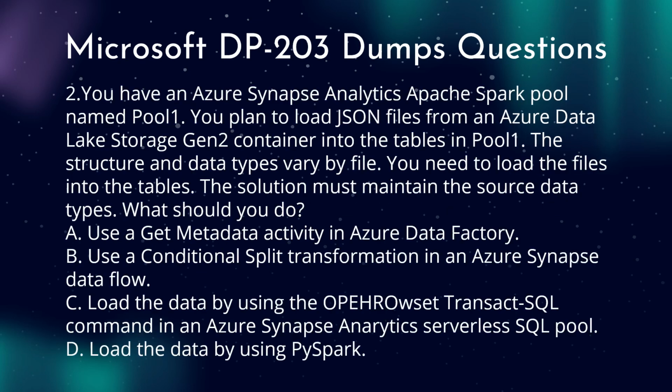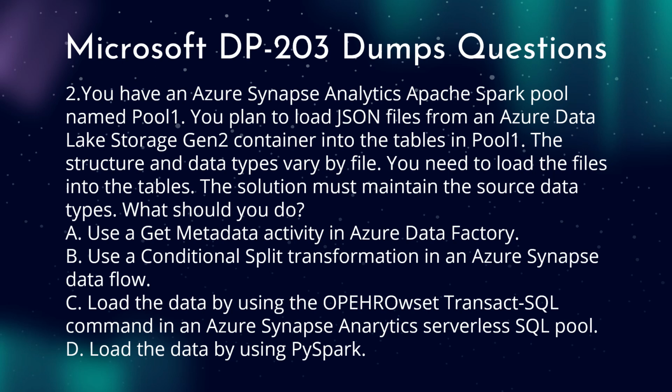2. You have an Azure Synapse Analytics Apache Spark pool named Pool1. You plan to load JSON files from an Azure Data Lake Storage Gen2 container into the tables in Pool1. The structure and data types vary by file. You need to load the files into the tables. The solution must maintain the source data types. What should you do?